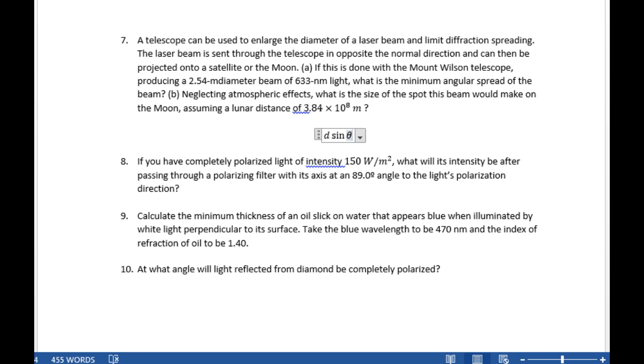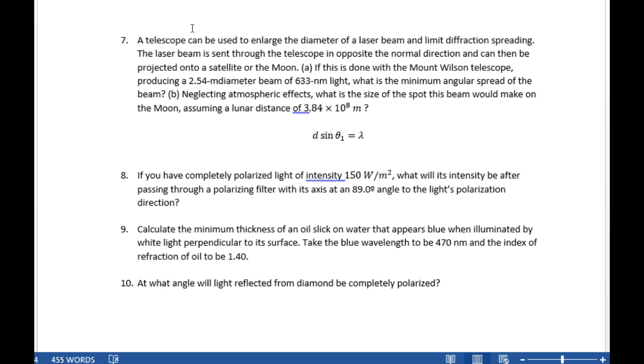So I'm going to put in lambda, m equals 1, and theta 1 here, so we know we're talking about the first one. We have lambda, we have d, and the question is, what is theta 1? What is the angular spread?